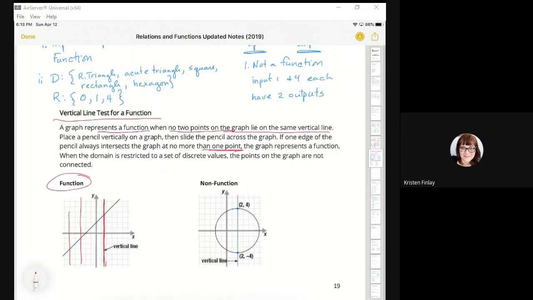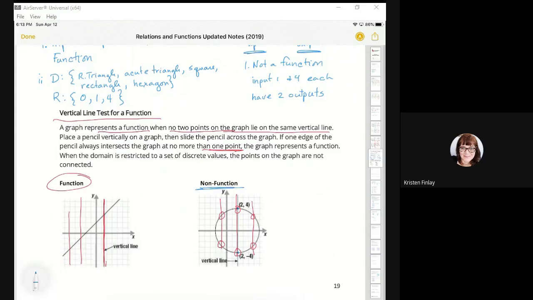When the domain is restricted to a set of discrete values, the points on the graph are not connected. Okay? If I look at this non-function here, when I draw the straight line like so, I have 2 points where it crosses. And the same thing happens here and here. There are a couple places where it only touches once, but if there's any place where that vertical line crosses twice, it is not a function.